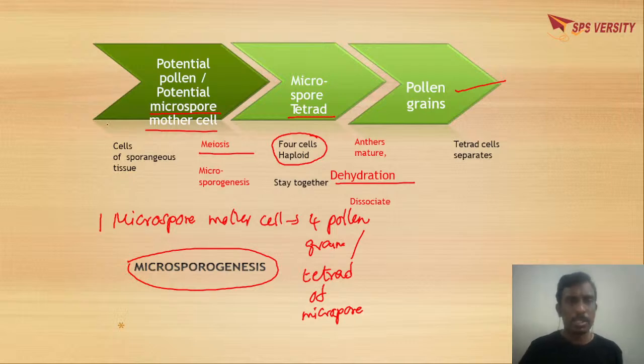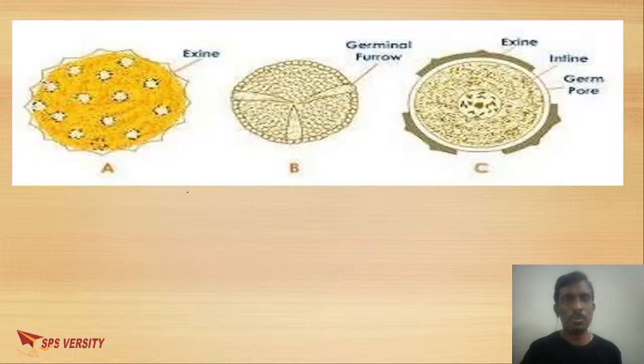And this process, that is formation of microspores from microspore mother cell, is called microsporogenesis. So by the end, we got pollen grains, which are called the first male gametophyte.